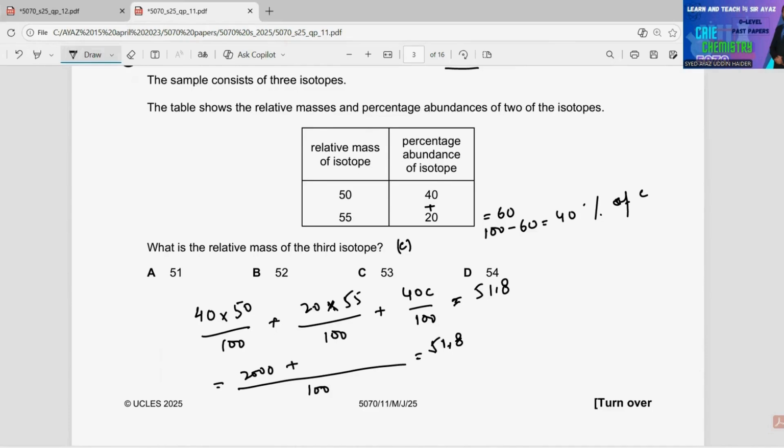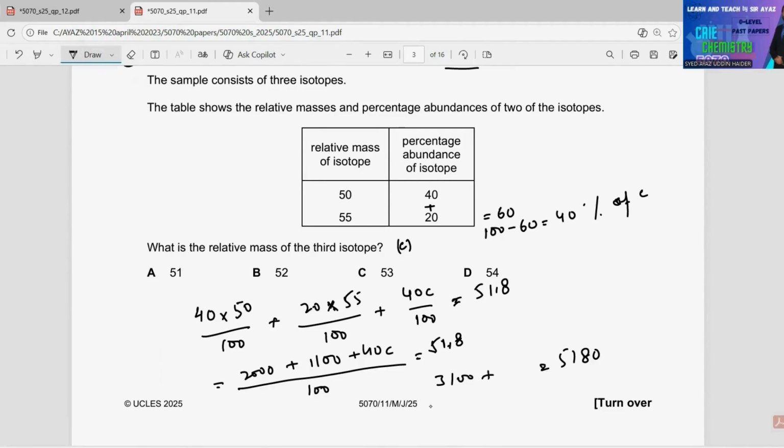Plus 20 multiplied by 55, 1100, plus 40C, or 51.8 multiplied by 100 will get 5180. 5180.